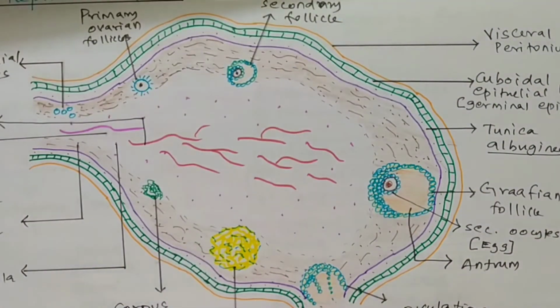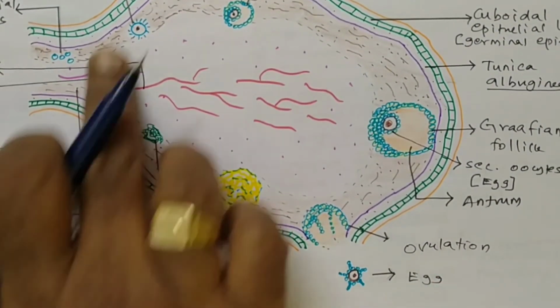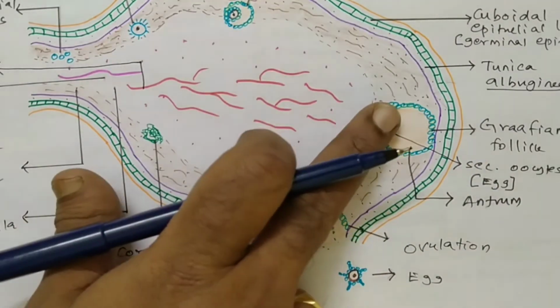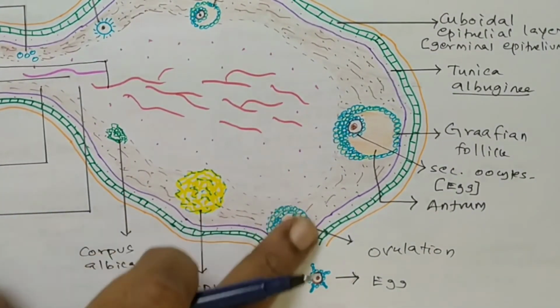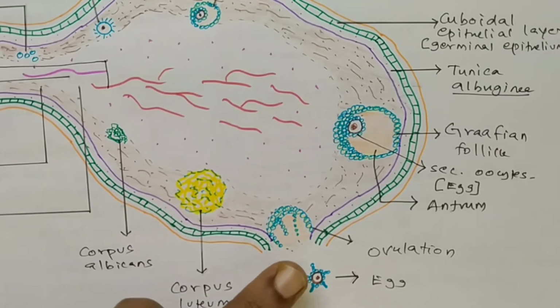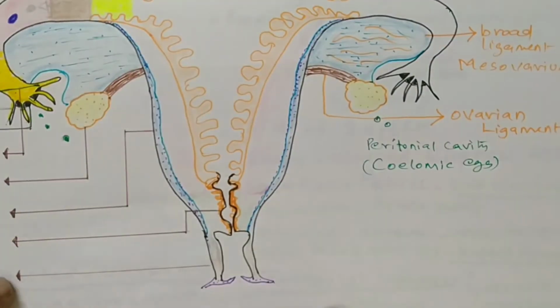See this structure of the ovary. During ovulation, there is a mature graafian follicle. During ovulation, the graafian follicle ruptures and releases the egg into the coelomic cavity or peritoneal cavity. So that released egg is said to be a coelomic egg.